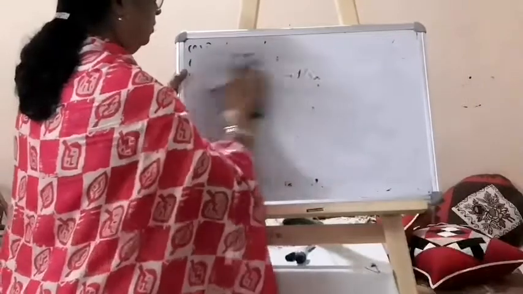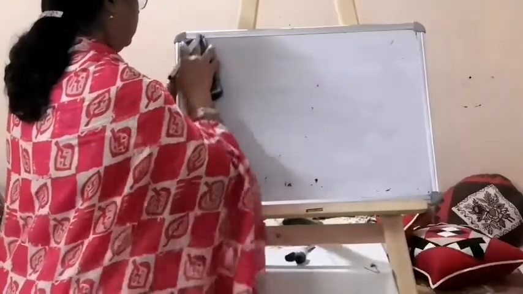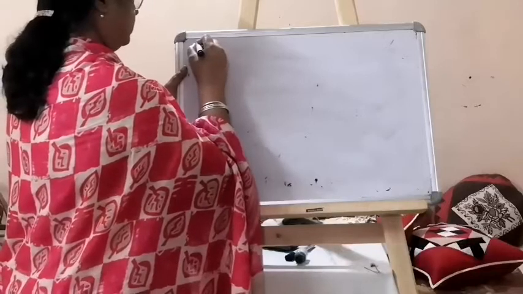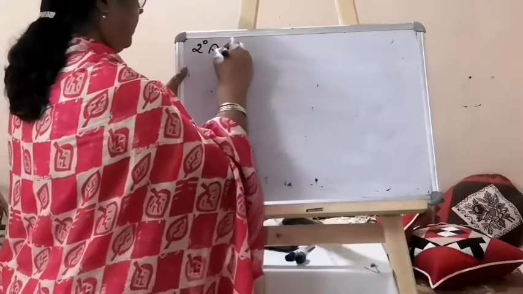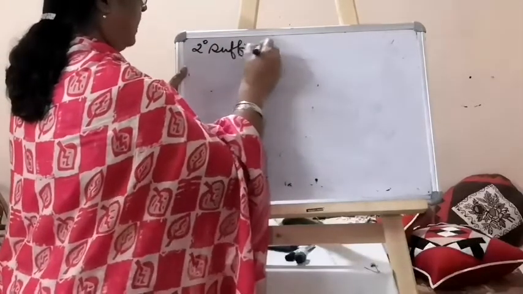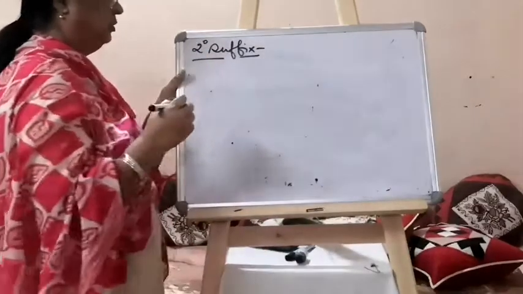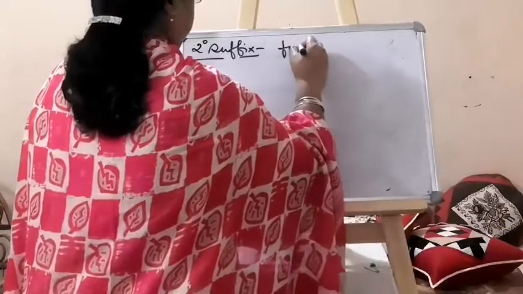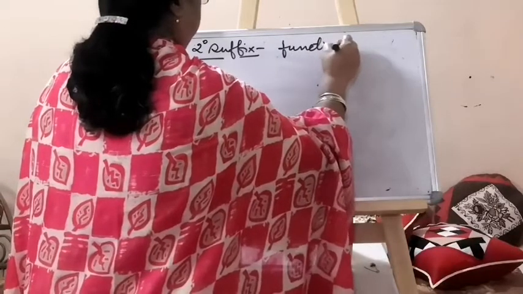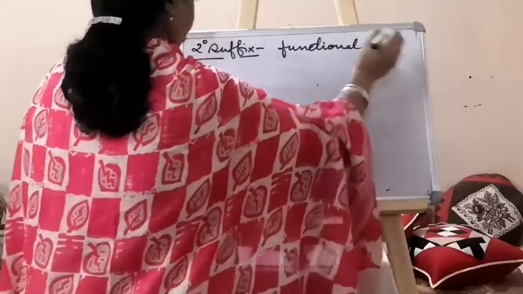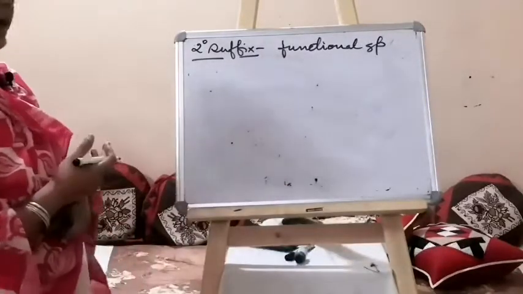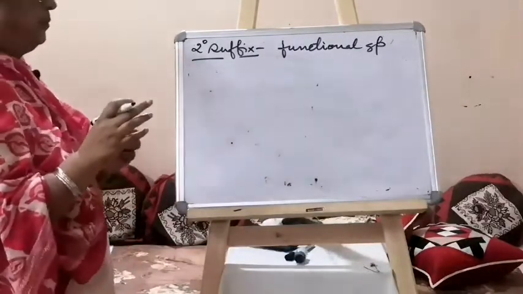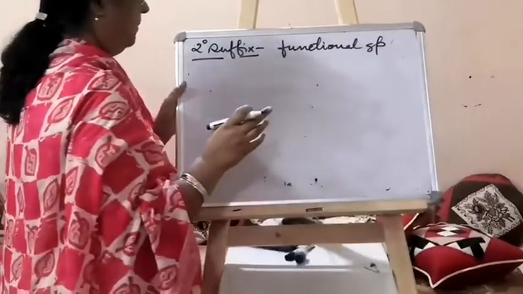So now just see. The secondary suffix gives information about the functional group. You have seen what a functional group is. It is an atom or group of atoms that decides the property of the organic compound.